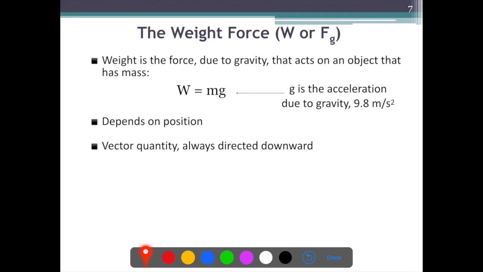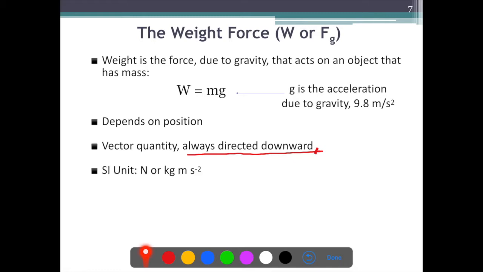Weight is a kind of force, so therefore it should be a vector quantity and it should have direction. The direction of the weight force is always directed downwards, because the gravitational pull is always towards the center of the earth, and if we are at the surface of the earth, we'll see that as a downward pull.